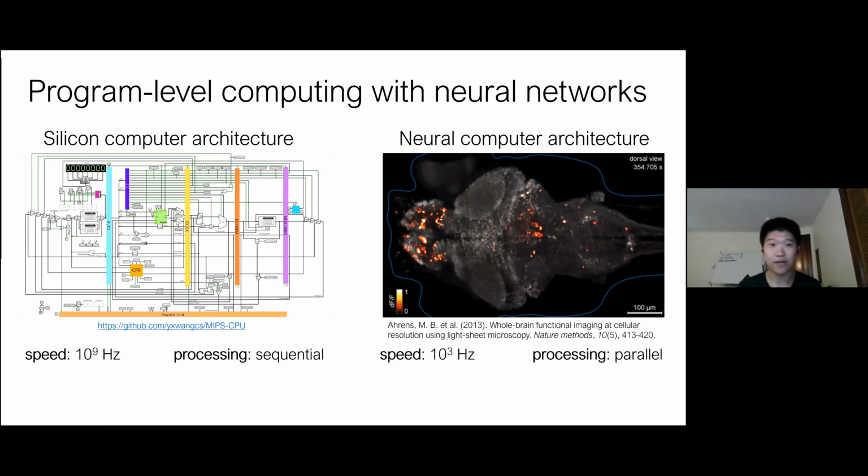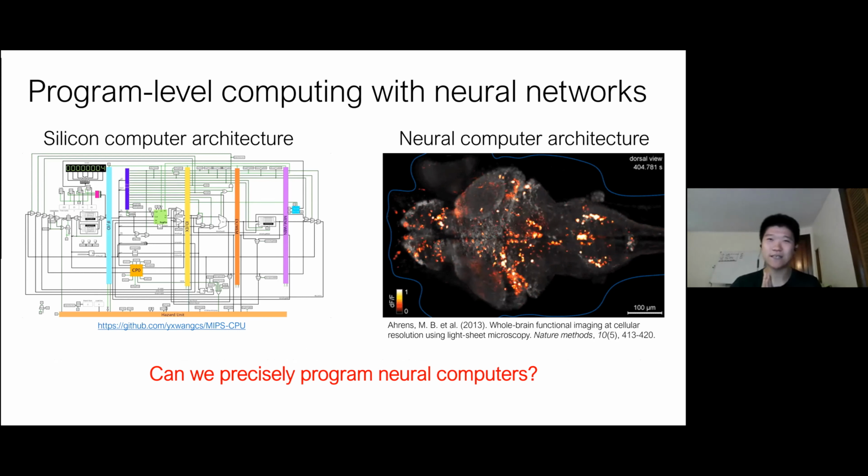Every neuron is firing at every point in time. And while there's a lot of evidence that shows that certain brain regions are more responsible for manipulating information than others, at the end of the day, the way information is represented and manipulated is very different, right? And so the question is, can we precisely program neural computers the same way that we do silicon computers?